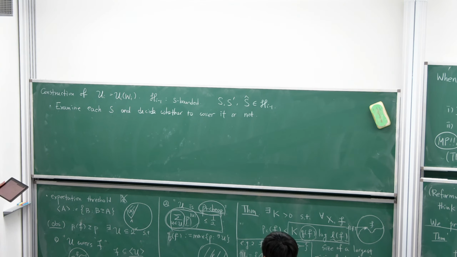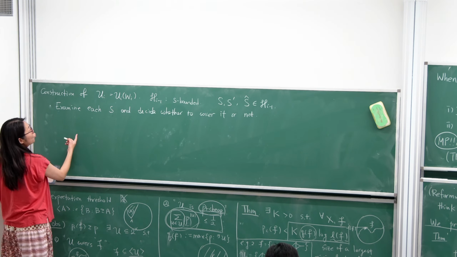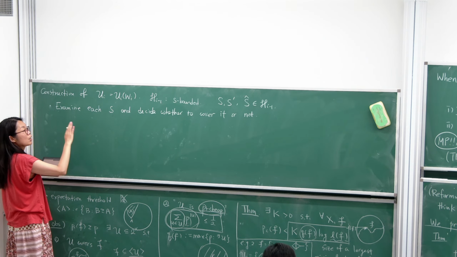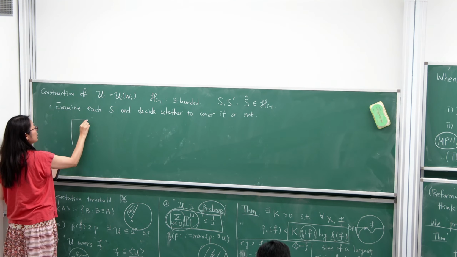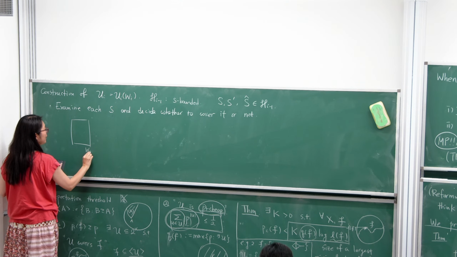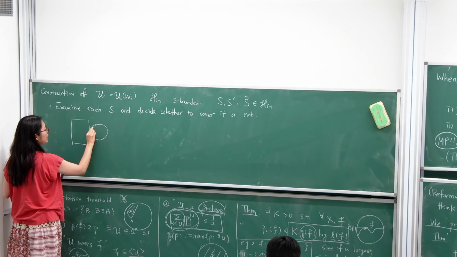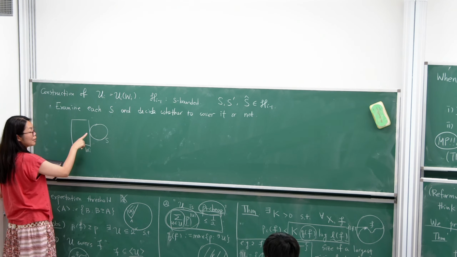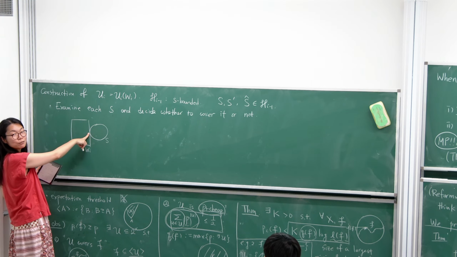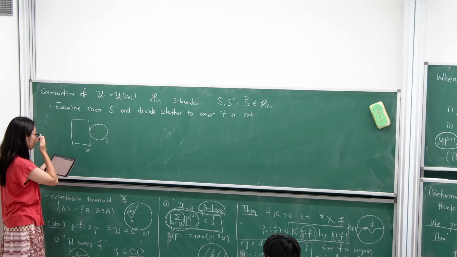And this is the clever part. So this is how we decide whether we want to cover S or not. So this is our choice of W_i, and this is the given S. And typically their intersection is very small, a little-o of 1 fraction. We talked about this before.